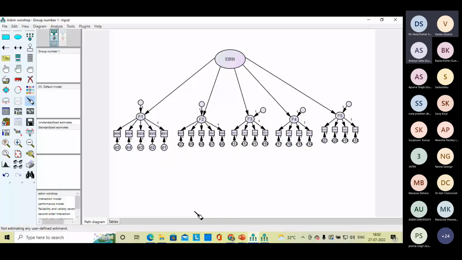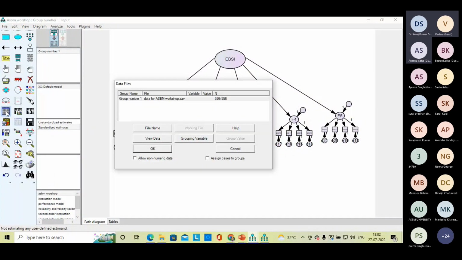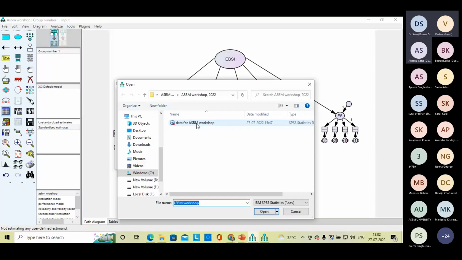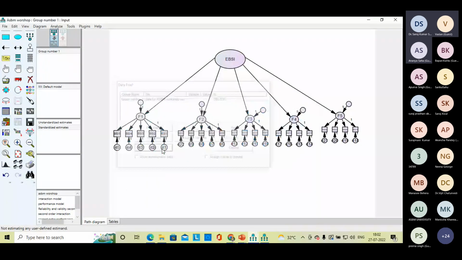Now again I need to calculate the estimate. So go to the data sheet, go to the file name, select or locate the file where you have saved, open, then OK. Now my data sheet has been incorporated into Amos.